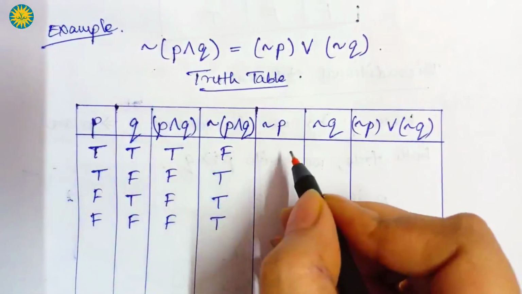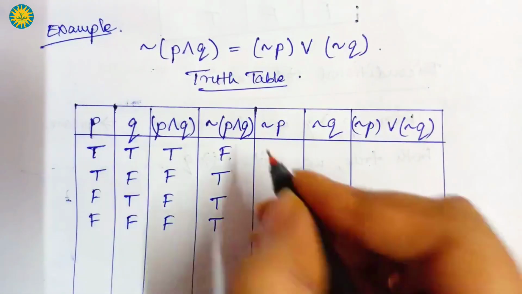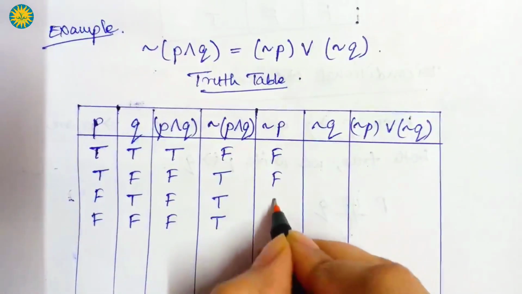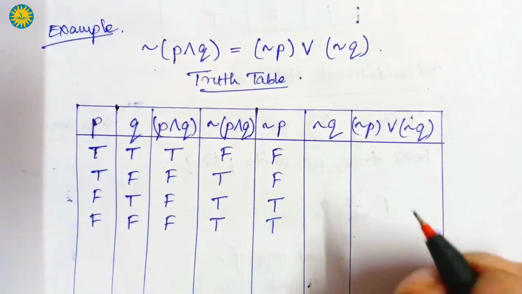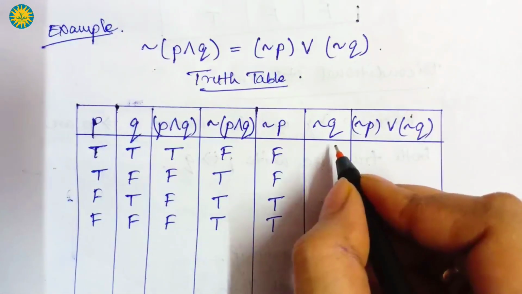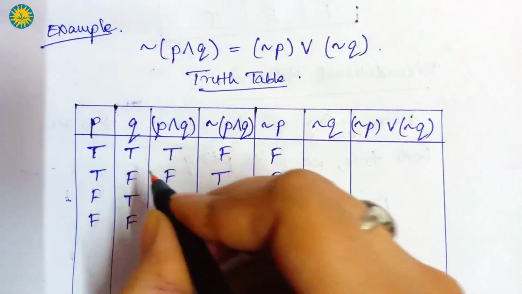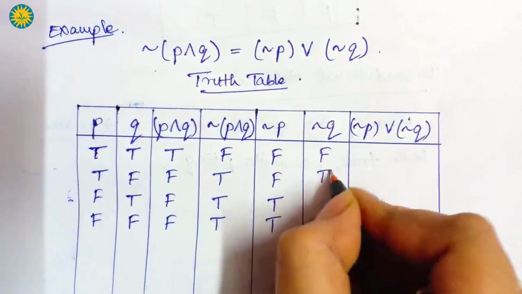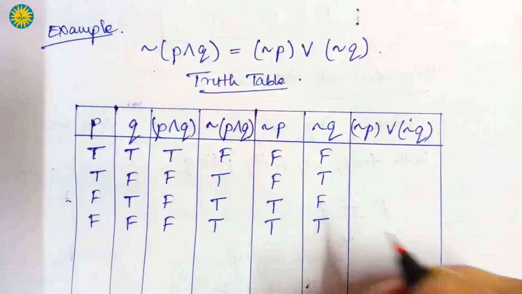So for the fifth column, we will use the first column. From that we can write false, false, true, true. Similarly, the sixth column will be filled up by using the second column. So this will be false, true, false, true.